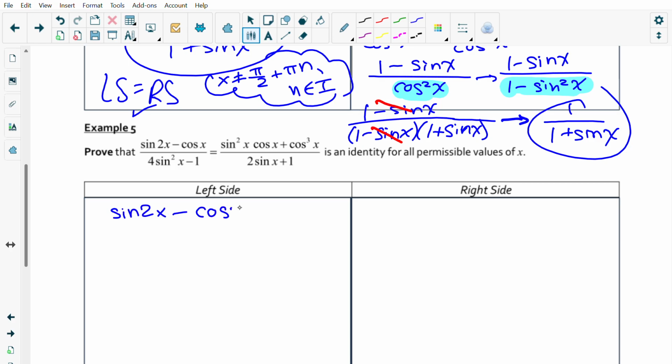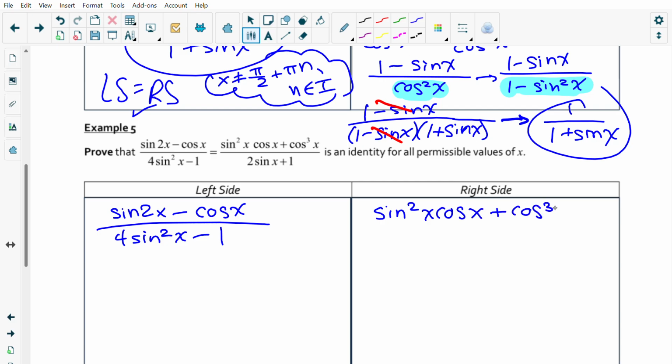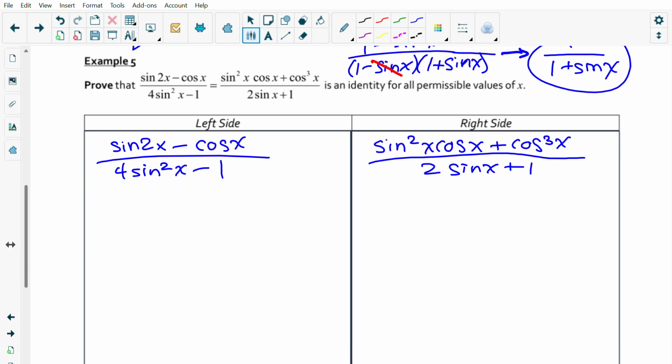On the left I have sine of 2x minus cosine of x divided by 4 sine squared of x minus 1. On the right side, I have sine squared of x cosine of x plus cosine cubed of x divided by 2 sine of x plus 1.